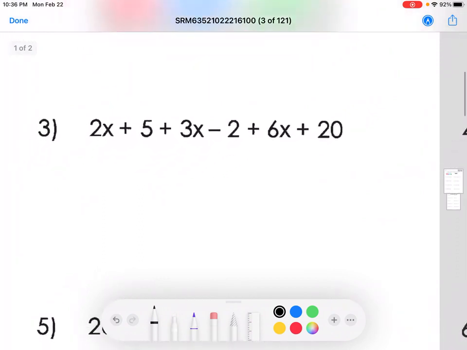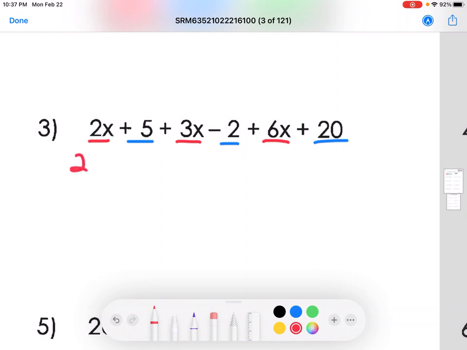Okay, number 3. So I have a 2 times x, a 3 times x, a 6 times x. Next, I just have a 5. So here I could say a 2 because there's no variable with it. And then I have another term without a variable, which is 20. So now I want to rewrite it with the like terms grouped together.